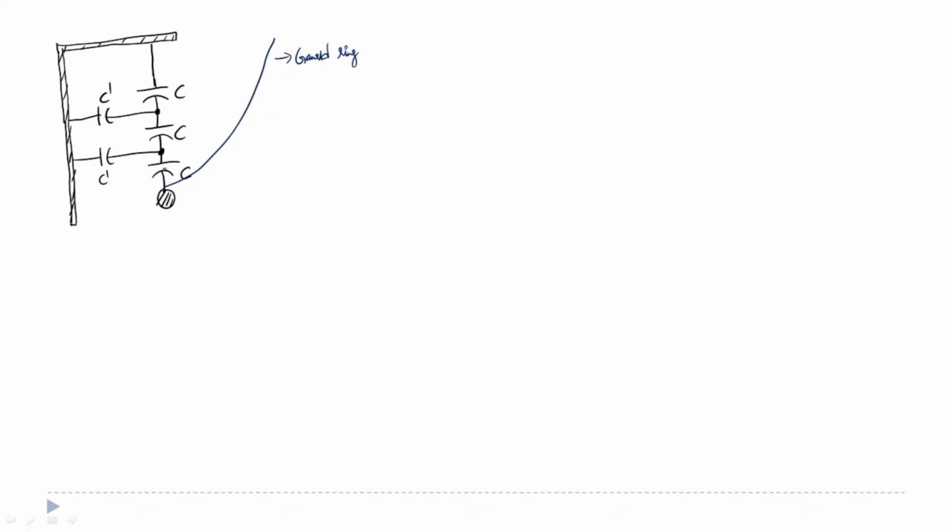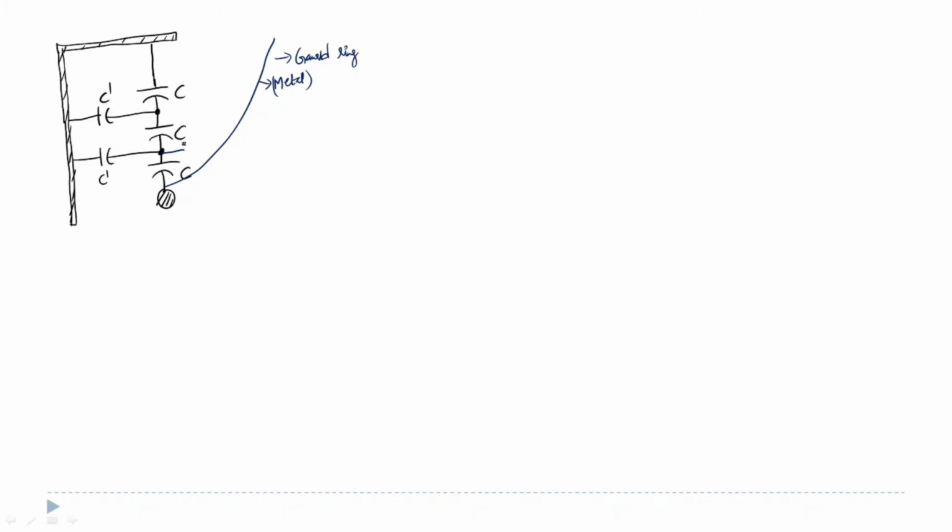Now, between the metallic link and the metallic support you have a capacitance, and between the guard ring, as it is also a metallic conductor, and this other metallic link, you have some more capacitance.